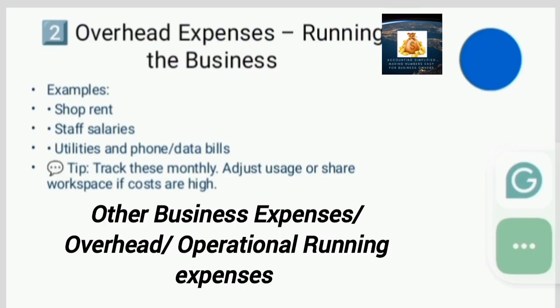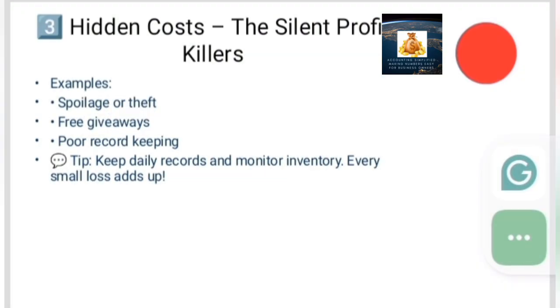They enable you run the shop. Do you understand? Having light is something that you have to do. You cannot have a shop and you don't have light, except you want to live without light, and that is your own business as the owner of the business. But I'm trying to help you understand what these running operational expenses are, what these other business expenses are.